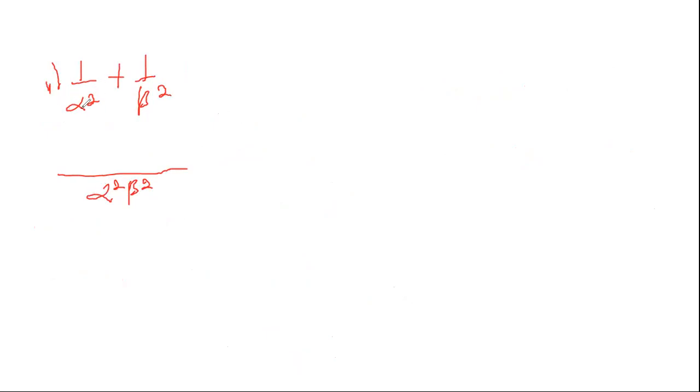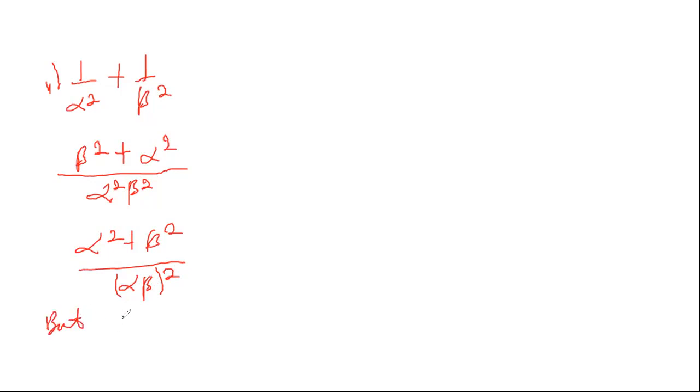We divide by alpha squared, which gives beta squared. Then we divide alpha squared beta squared by beta squared, remaining with alpha squared, multiplied by 1. We can rewrite that as alpha squared plus beta squared over alpha beta, all squared.